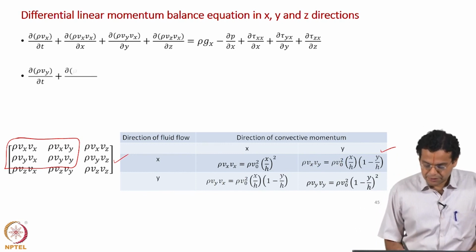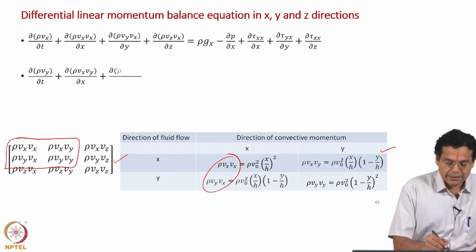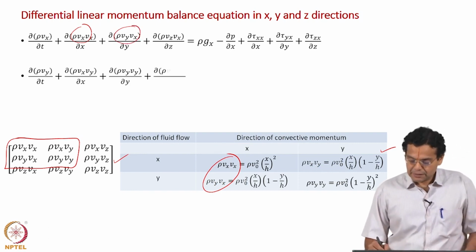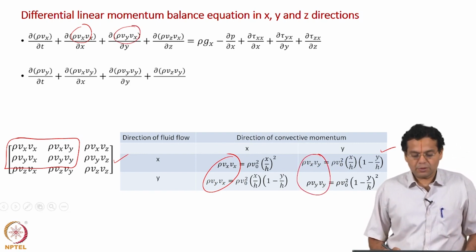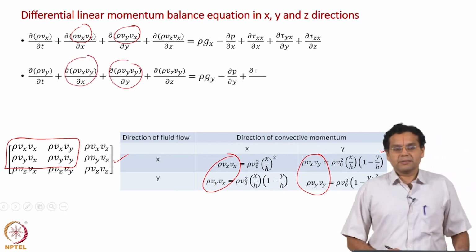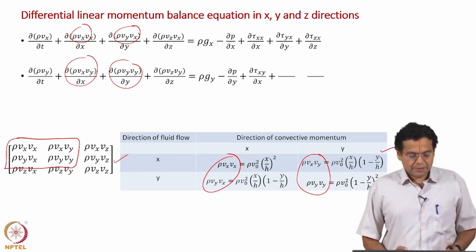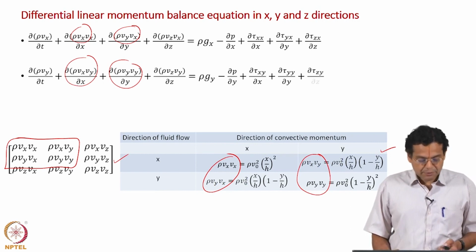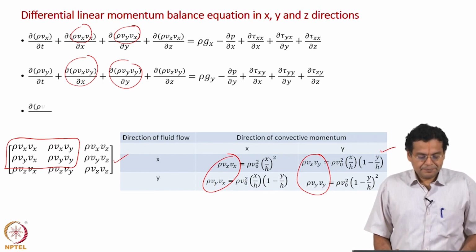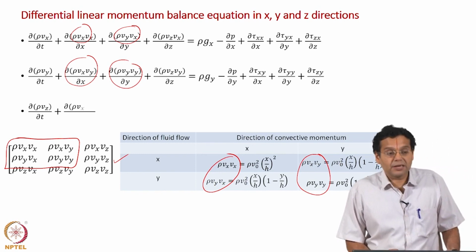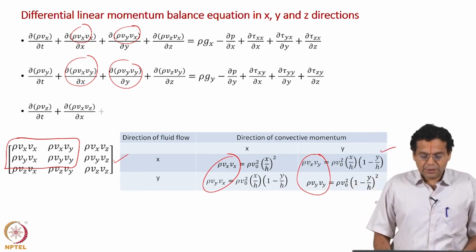These two appear as these two terms here, of course not differentiated. And these two terms, rho Vx Vy and rho Vy Vy, as I told you, appear in the y momentum balance. So this gives some idea of what the components of the convective momentum flux tensor are. This equation is just the z momentum balance; we are not considering that because it is a two dimensional example.